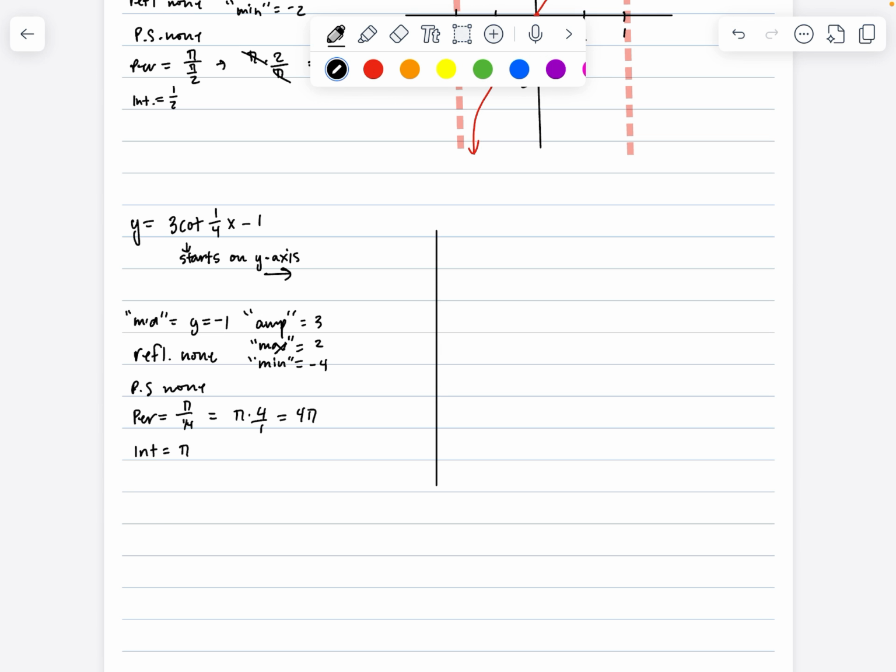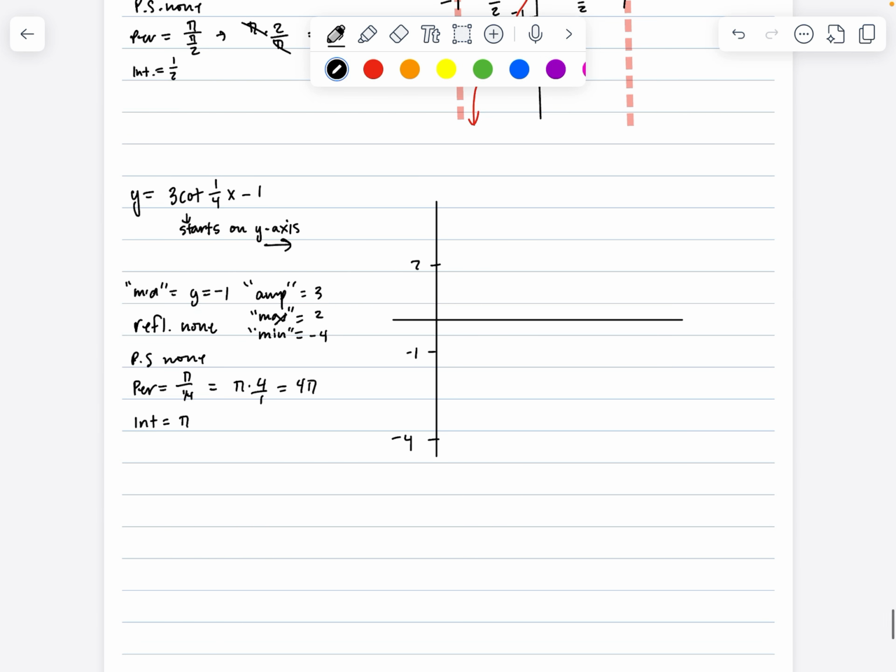Cotangent always starts on the y-axis if there's no phase shift. In this case, there is a midline shift, or a vertical shift, at -1, so we're definitely going to need that. We're going to need a fake maximum of 2 and a fake minimum of -4. So we also need 4 points to the right of that first point.